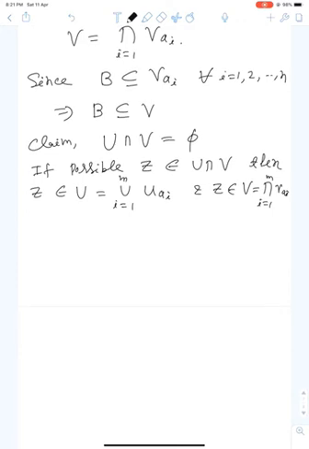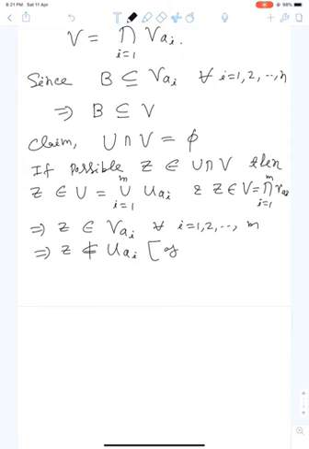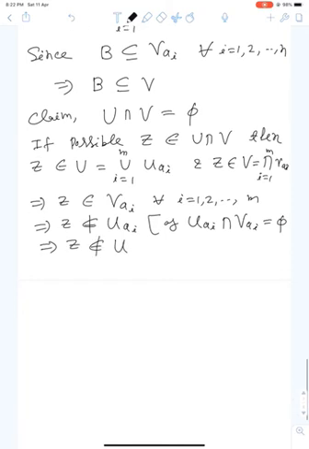Now that implies z belongs to V_ai for all i equal to 1 up to m. Now since U_ai and V_ai are disjoint, we can say z does not belong to U_ai, as U_ai intersection V_ai is empty. That implies z does not belong to U. Now this is a contradiction.